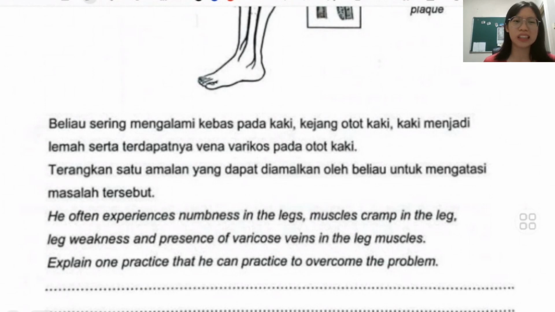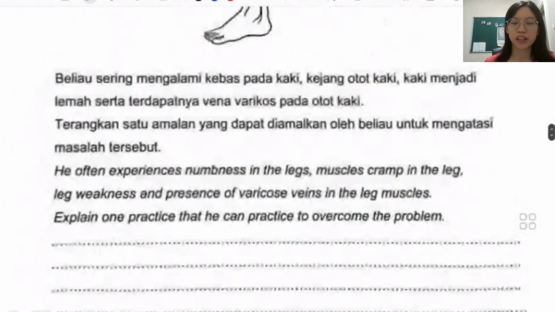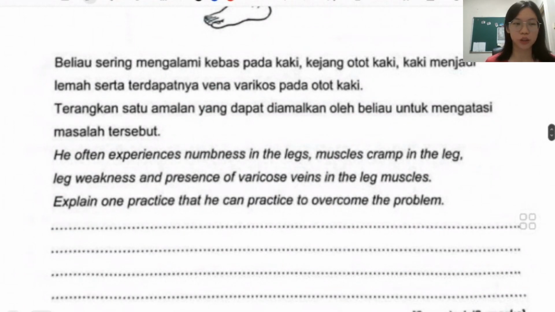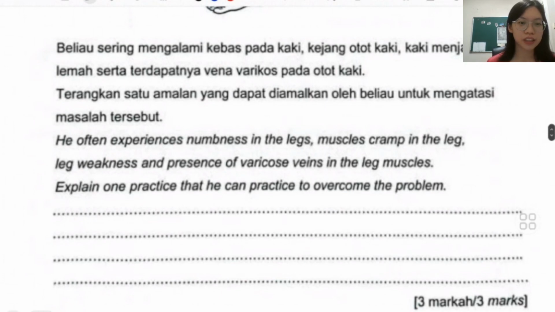They didn't really need you to explain about atherosclerosis, right? This question just requires you to explain the practice, so it's not as complicated as you think. The practice is very general, like I've mentioned previously.